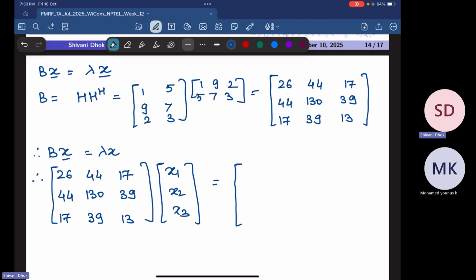This will give me lambda x1, lambda x2, and lambda x3.